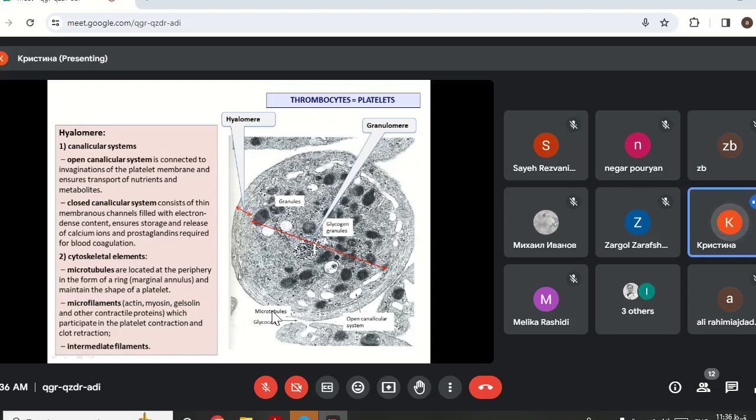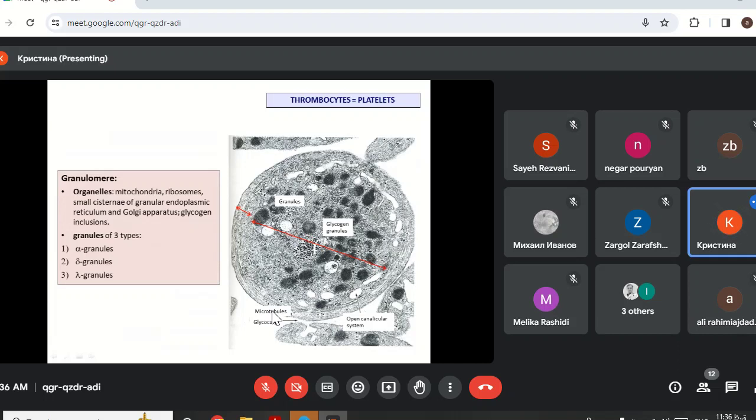And they also perform platelet contraction and clot retraction, when the bleeding is stopped, when the damaged wall of the blood vessel is healed and the blood clot is not needed anymore.